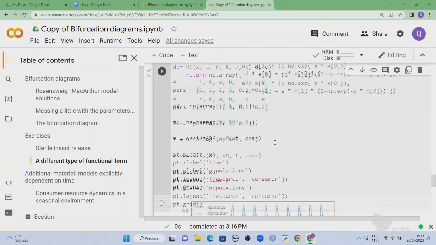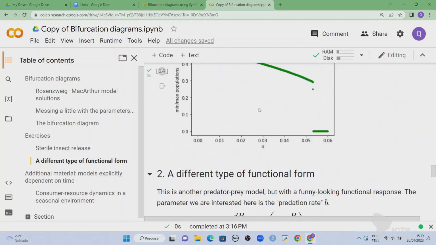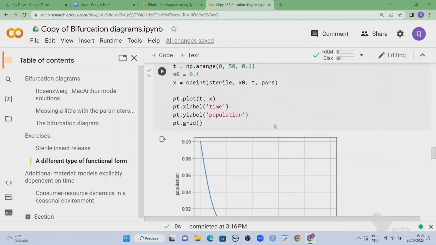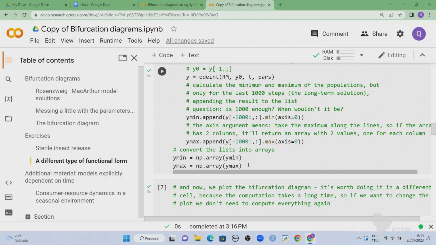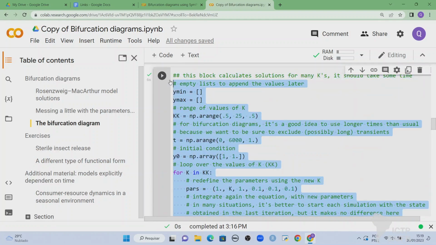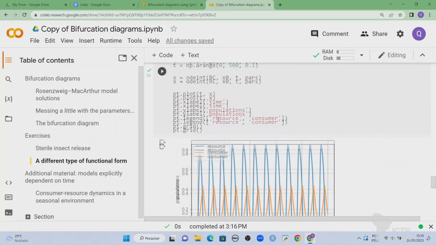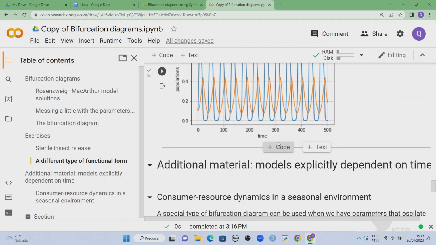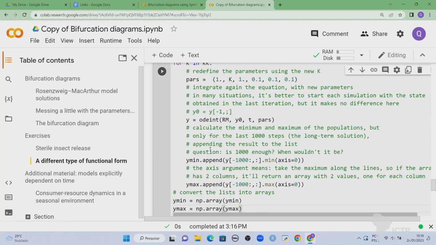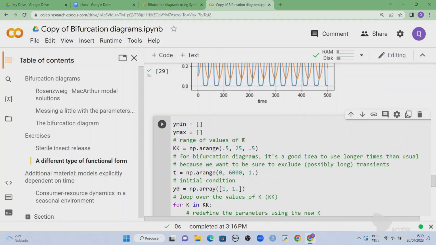Okay, then let's do the bifurcation diagram. Let's copy the one over there again. So here it is. I'll put this into a new cell down here. Now I'm going to change b's. I put bb over here.